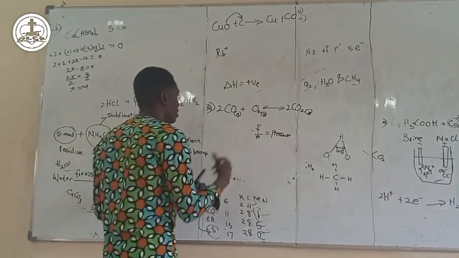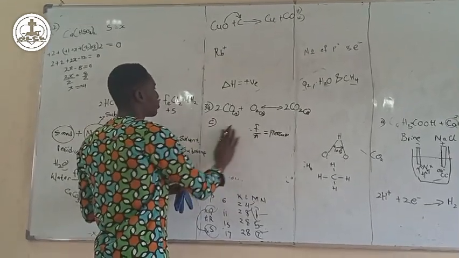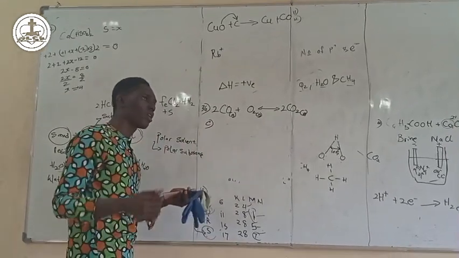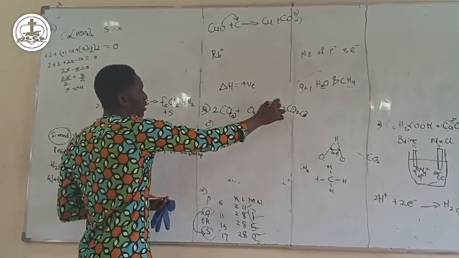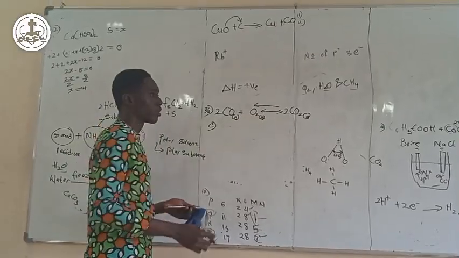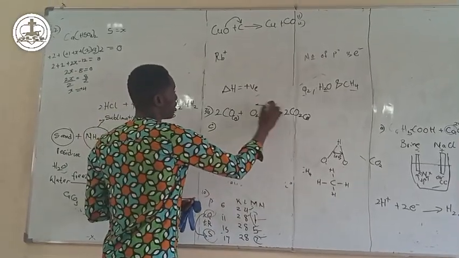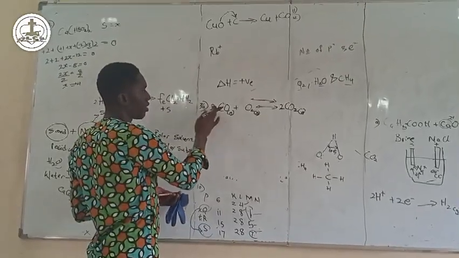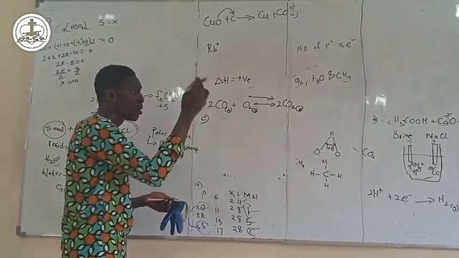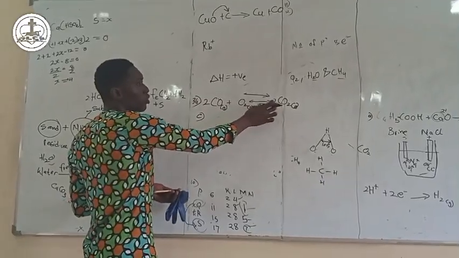The answer is C, both reactants and products, because when pressure is applied, the reaction goes in this direction so as to reduce the pressure. You have three volumes of gases here, and we have two volumes.